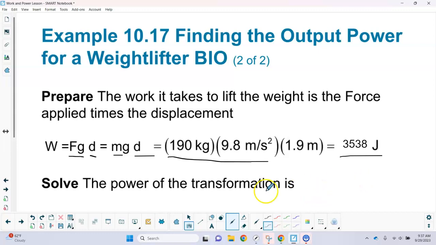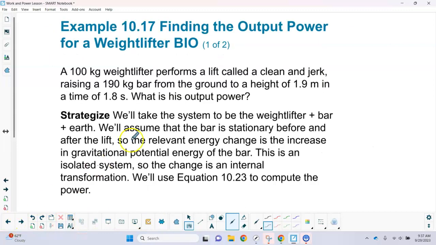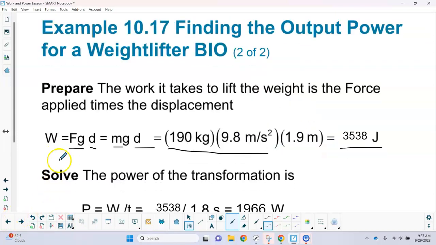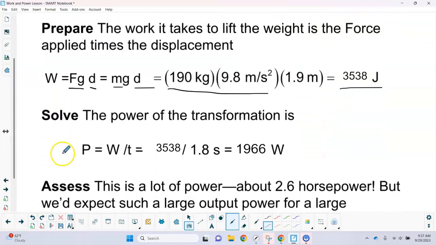So we're going to try to solve for the power, and we're going to divide that by the 1.8 seconds. If we take that 3538 and divide it by 1.8, you get 1966 watts. So that's a lot of power. It's a very powerful move. 2.6 horsepower. That's what it turns out to be close to.